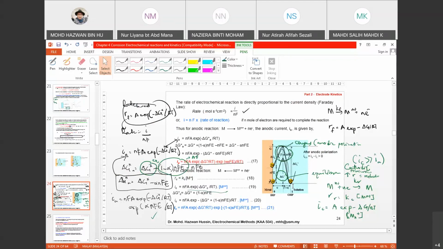You can also increase the potential value. Meanwhile, for cathodic polarization, if you add reductants, like increasing the concentration of acid, you have more H plus, and then you have more reduction. This can also contribute to cathodic polarization.